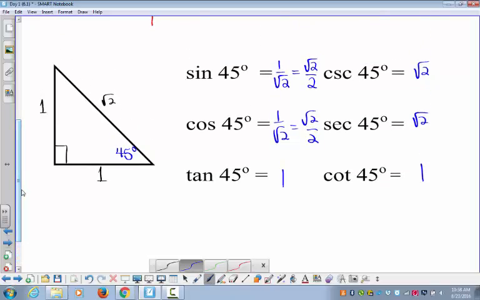All right, so this is our first most important triangle. And you need to know these values. These you will compute if you don't remember them. But these values for sine, cosine, and tangent of 45, those have to be automatic. You've got to be able to pick those out of your head really fast. Now we have a couple of weeks to get to the point where it's necessary to be that fast.